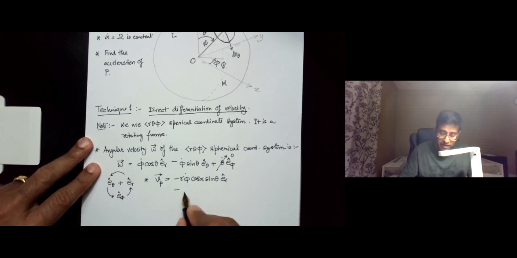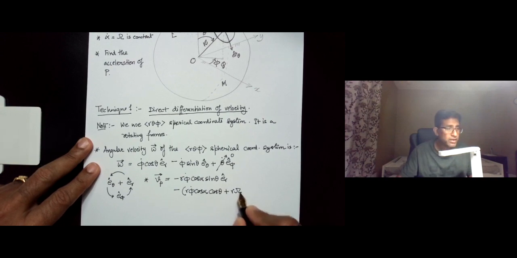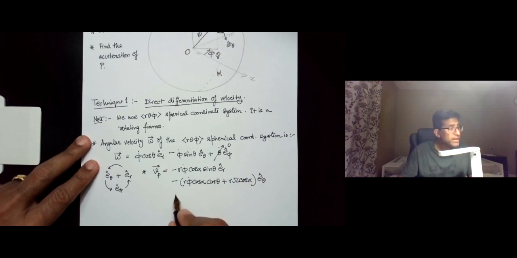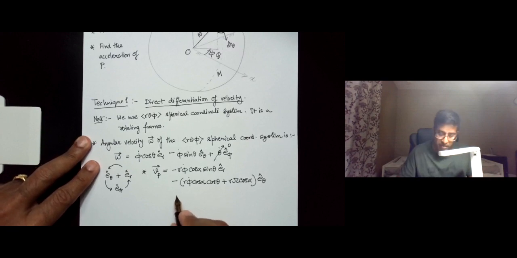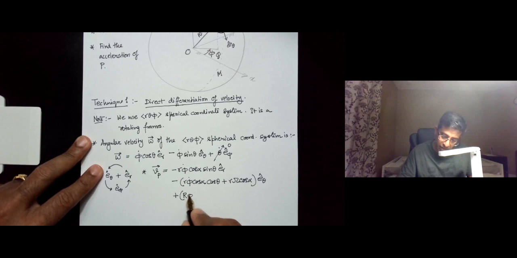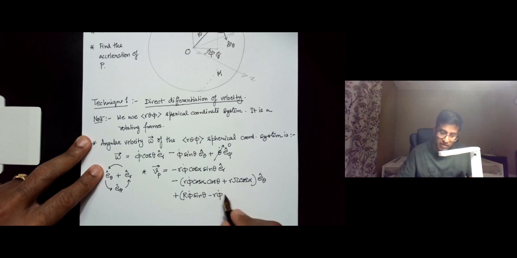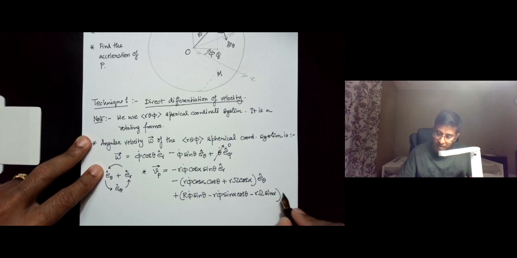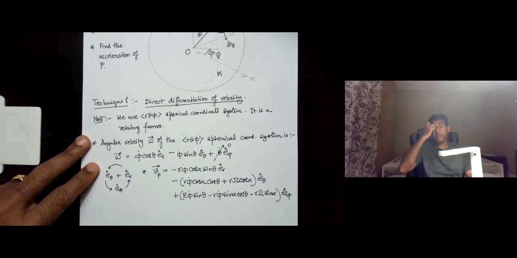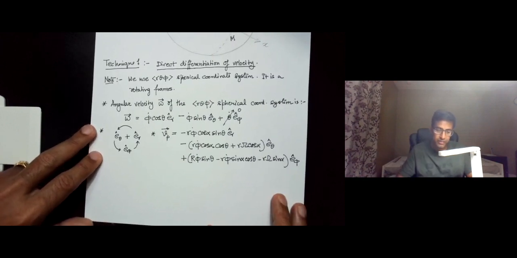The next term is minus r phi dot cosine alpha cosine theta plus r capital omega cosine alpha e theta, and then the third term is capital R phi dot sine theta minus r phi dot sine alpha cosine theta minus r capital omega sine alpha, and this is in the e phi direction. Okay, so that's the velocity of the point P.